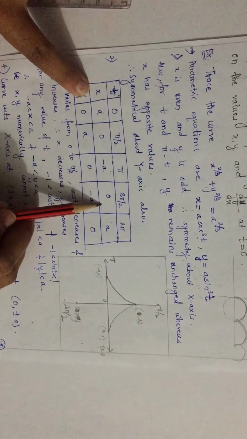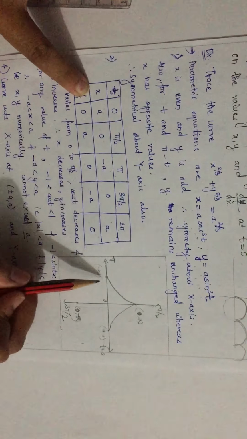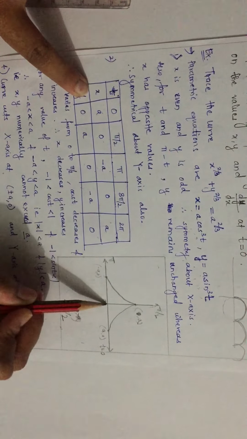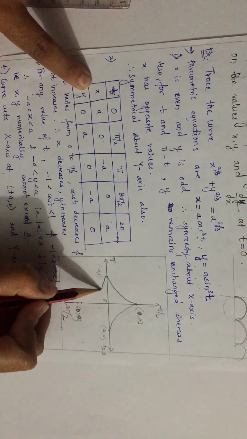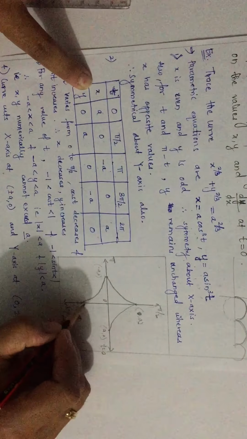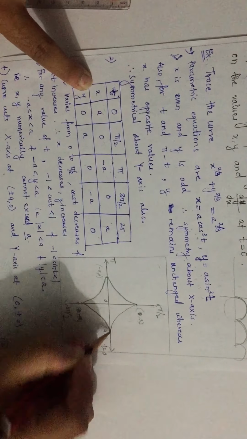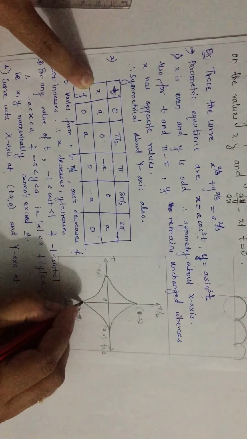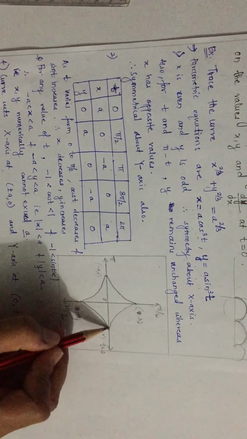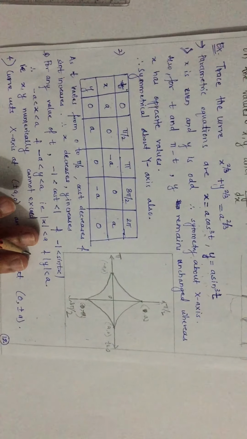Then from pi to 3 pi by 2, x goes from minus a to 0, it is increasing, whereas y is decreasing, so this will go like this, and then here like this. Okay, a star shaped curve you can say.